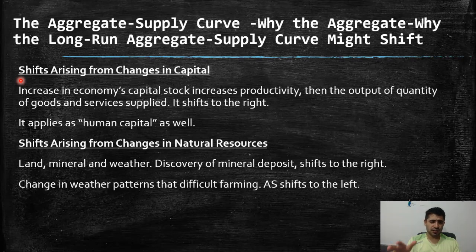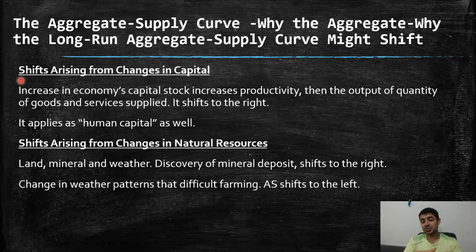Then there are shifts arising from natural resources. Maybe a country discovers a mine or discovers more oil. Hopefully not, I don't like more oil in our world. But anyway, changes in land, minerals, and weather can shift it to the right. When there is a change in weather patterns that makes farming difficult, AS shifts to the left.